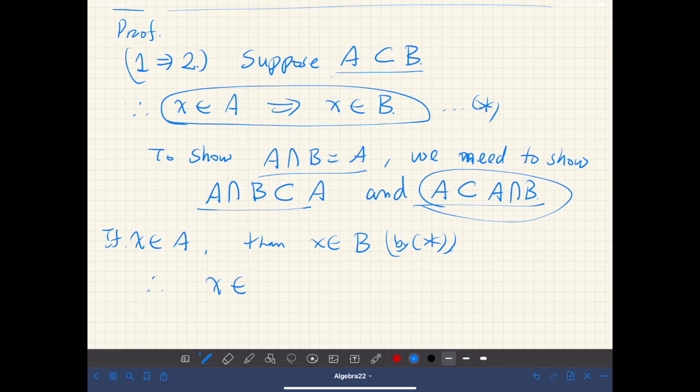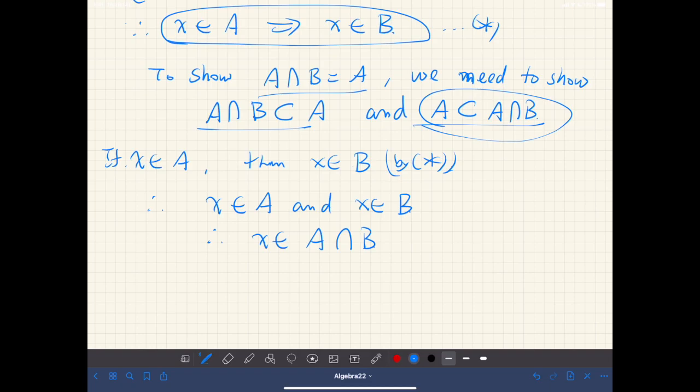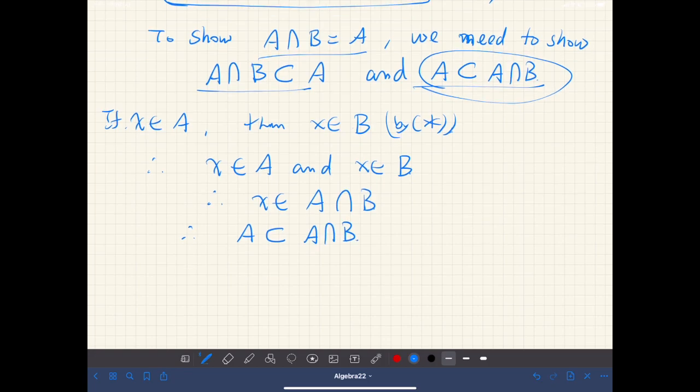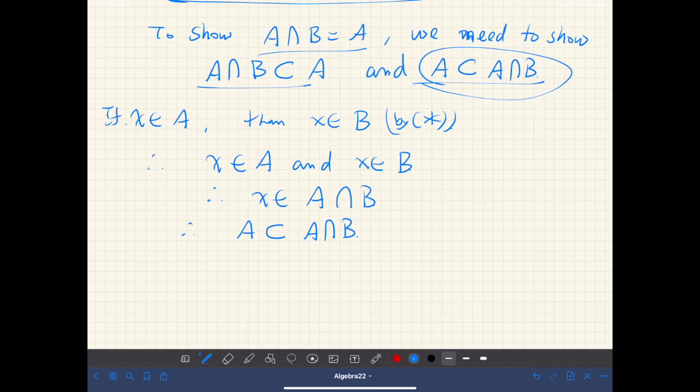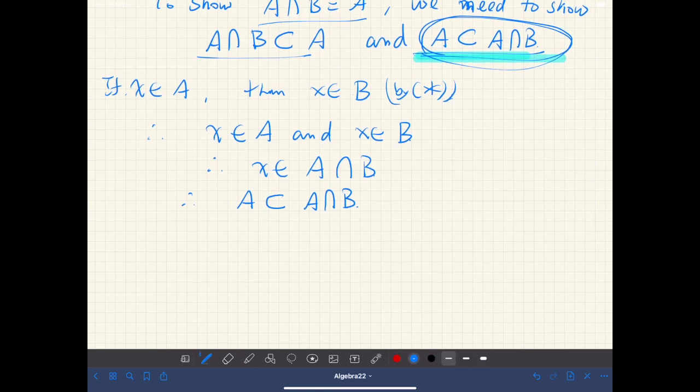Therefore, X is an element of A, and X is an element of B. Therefore, X is an element of A cap B by the definition of intersection. Therefore, A is a subset of A cap B. So this one has been proved.